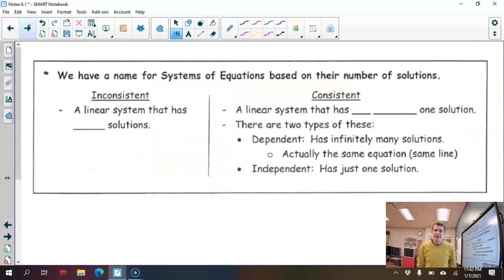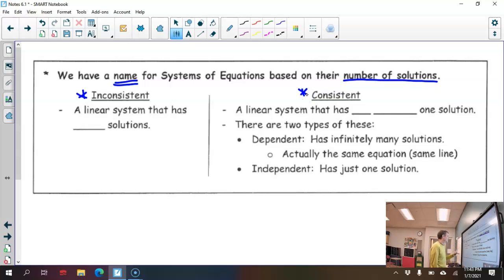All right, I have one more thing to show you and we're done. It's a quick vocabulary lesson. We have a name for systems of equations based on their number of solutions. There are two names, inconsistent and consistent.